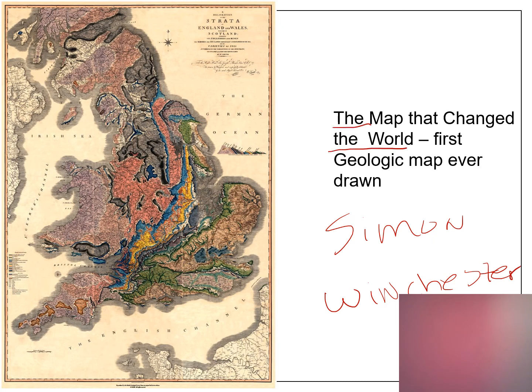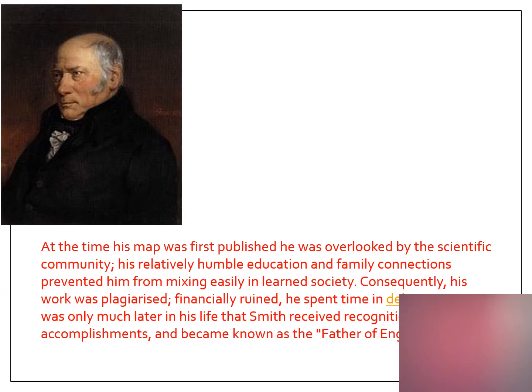Anywhere these rocks were found, not just in Great Britain, but anywhere in the world, now people realized that if those fossils were found in those rocks, they could be correlated to the same time period. And that was fantastic. There he is. Yeah, at one point in his life, he ended up going into debtor's prison.